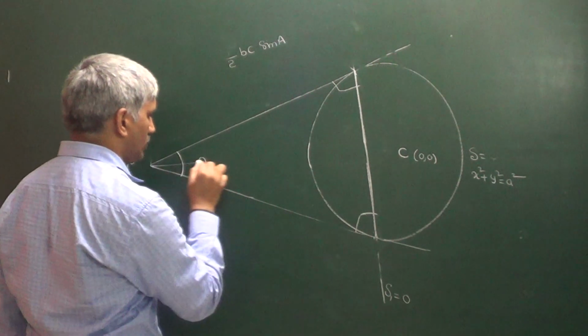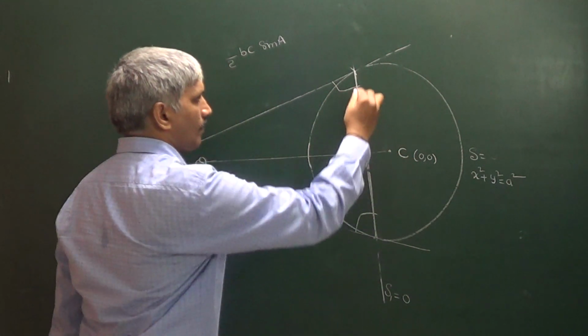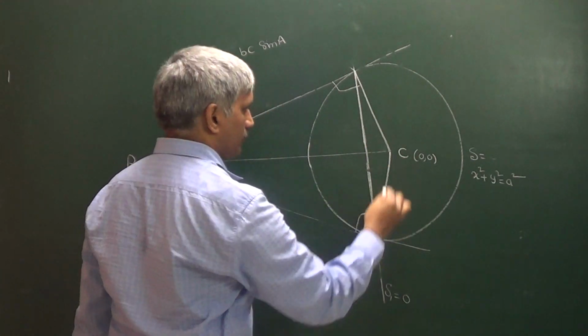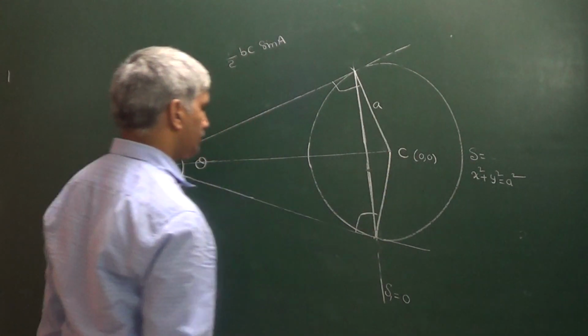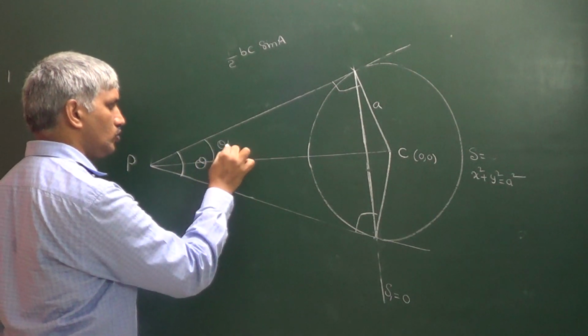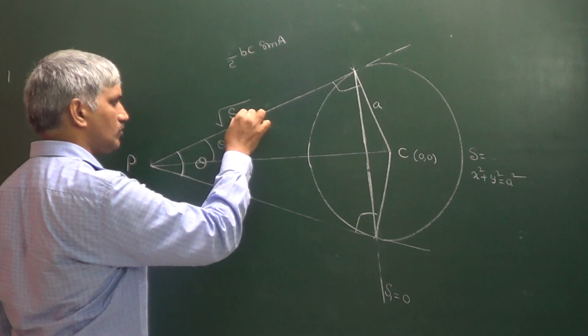Now earlier also we discussed, this is the radius of the circle, right? And this angle is equal to theta by 2. This is the length of the tangent, we know, root over s11.